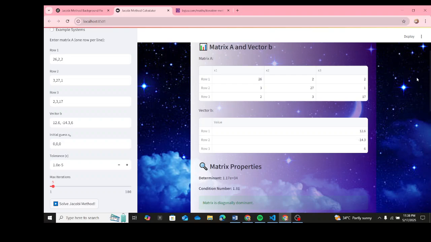As you can see here on the table in matrix A, the following parameters that I put on my left side, it simply shows what the matrix is, each row has the needed numbers that I assigned, and also here in vector b.